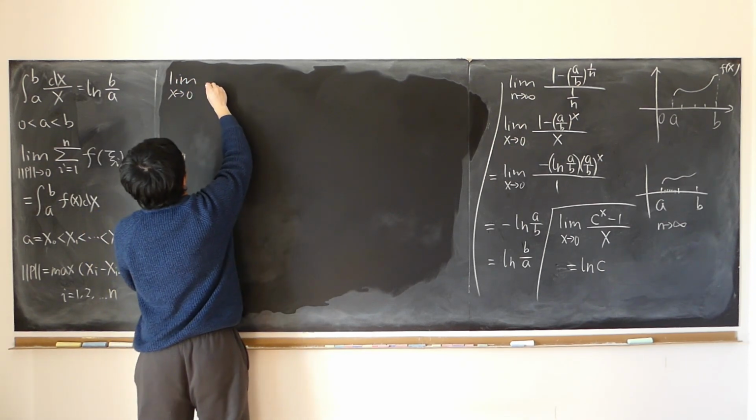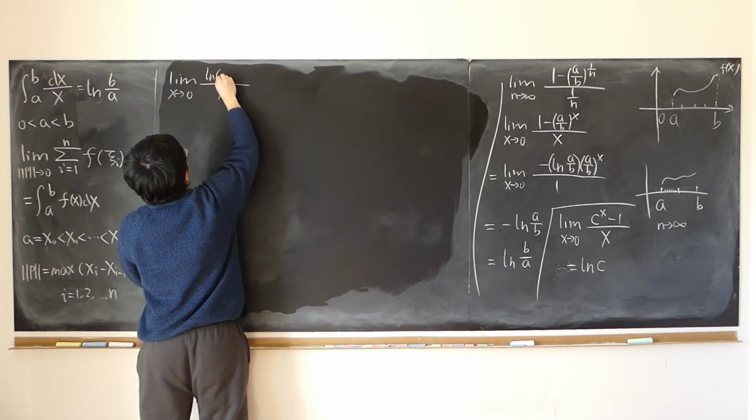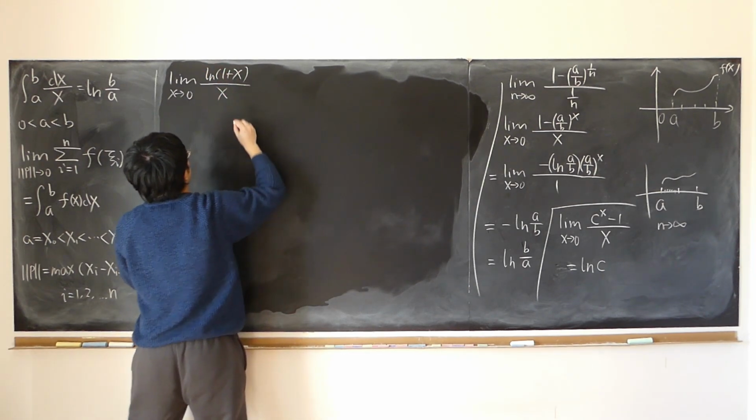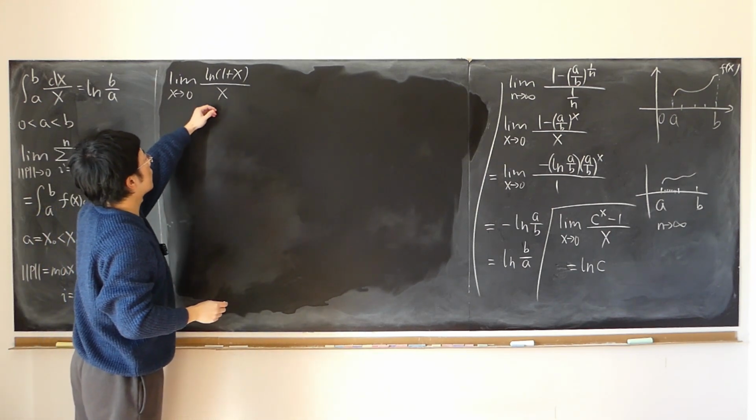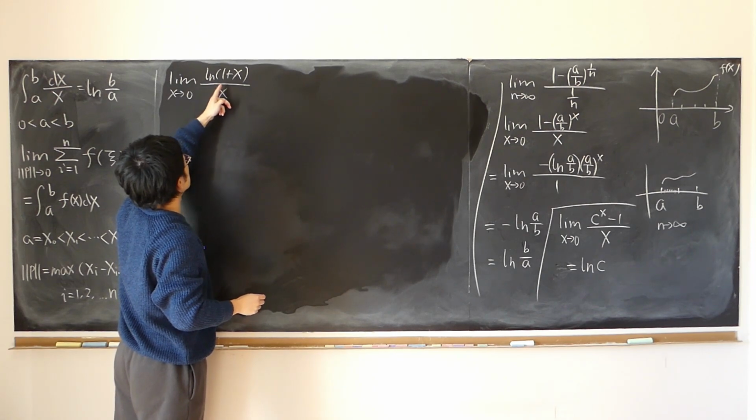x approaches 0, x at the bottom, and at the top I have log of 1 plus x. Again, it's a 0 over 0 type, right? x approaches 0, 1 plus x approaches 1, and log 1 is 0.